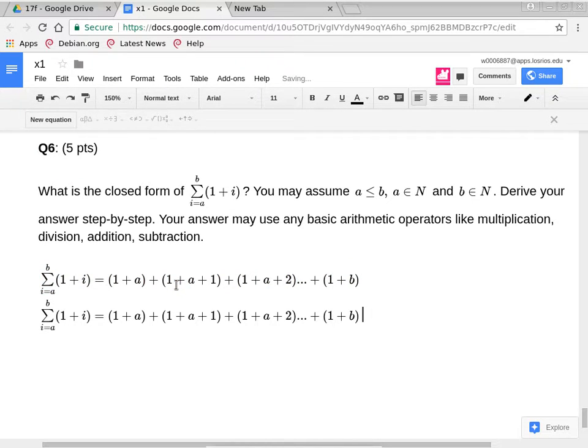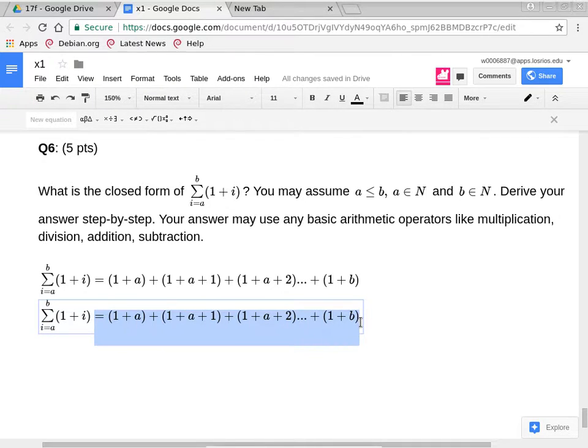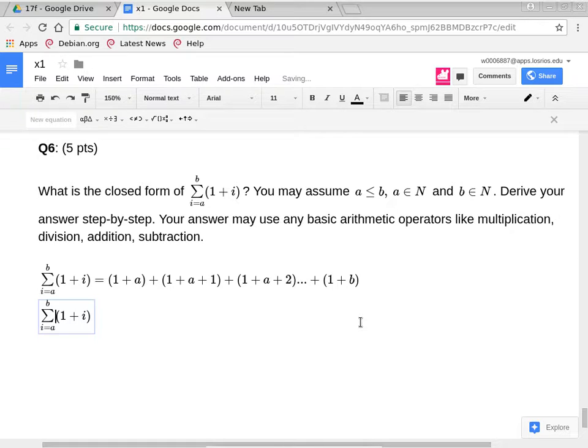Because once you know this, we can now derive. Okay, so the idea is to get this back to the form that we know. So we say this is equal to, so we want to put a minus a here, oops, and put a plus a here.